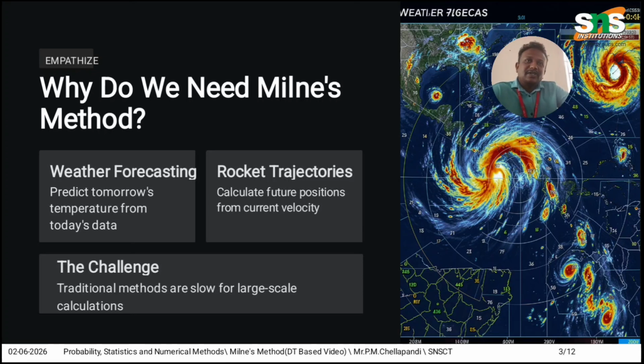In such situations, calculations become very large and complex. Traditional methods may become slow when handling large scale computation. Therefore, engineers and scientists need efficient numerical methods that provide accurate results quickly. So this creates the need for Milne's method.